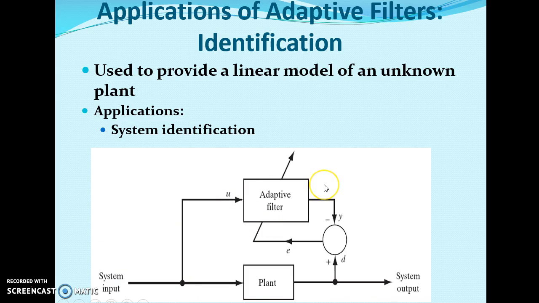Based on the decision making device, it gives an original signal as well as the error signal. This error signal is fed back as input to the adaptive filter, and finally, by summing the adaptive filter output and the plant output, we get the system output.